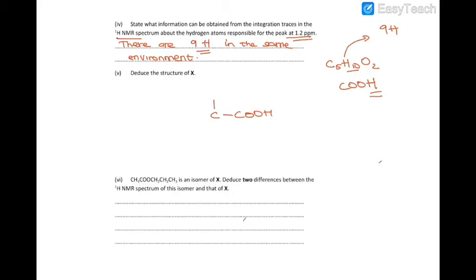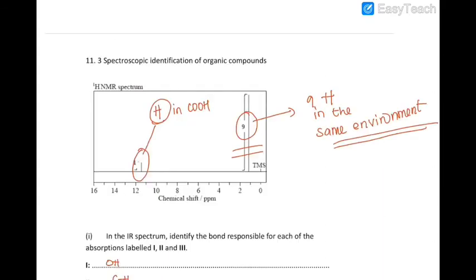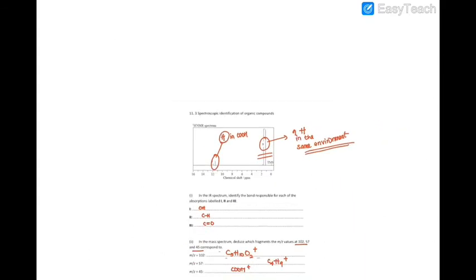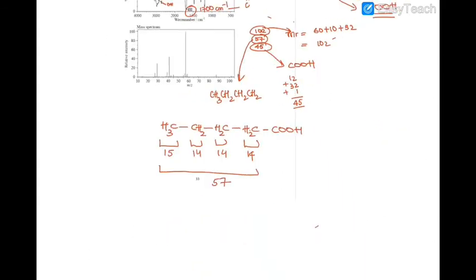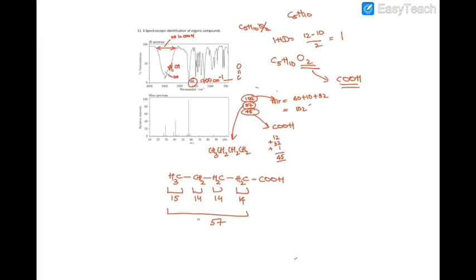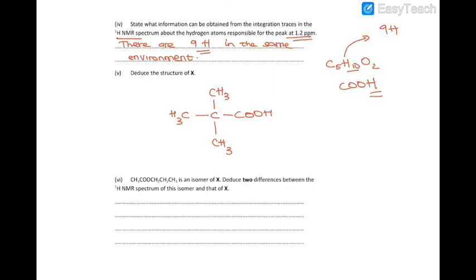The only way we can draw this is having CH3, CH3, CH3 around one carbon and COOH, so all these three carbons are in the same environment. This is how we use bits and pieces from IR, NMR and mass spectrometry to confirm the structure.